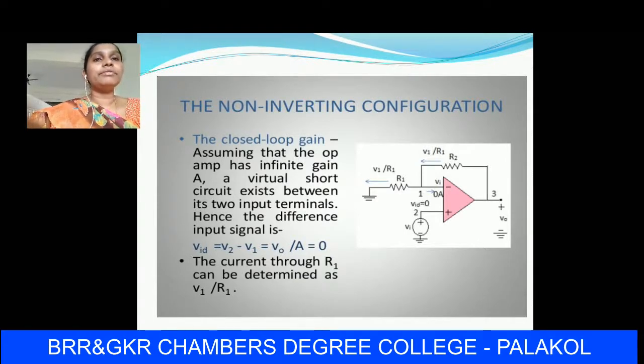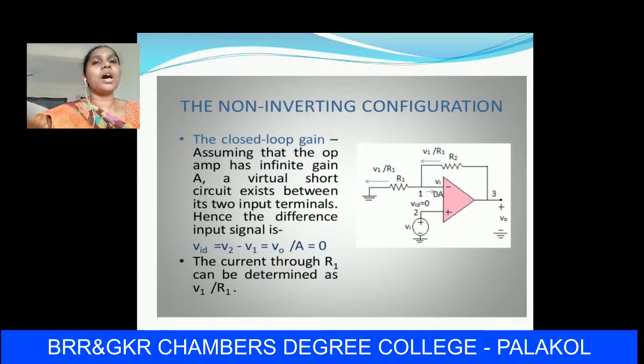Hence the difference input signal Vid is equal to 0, which is the difference between the two input terminals. Why is it V2 minus V1? Because V2 is positive and V1 is negative. Therefore, the difference voltage is V2 minus V1, that is equal to V0. It is also called the gain of a differential amplifier.